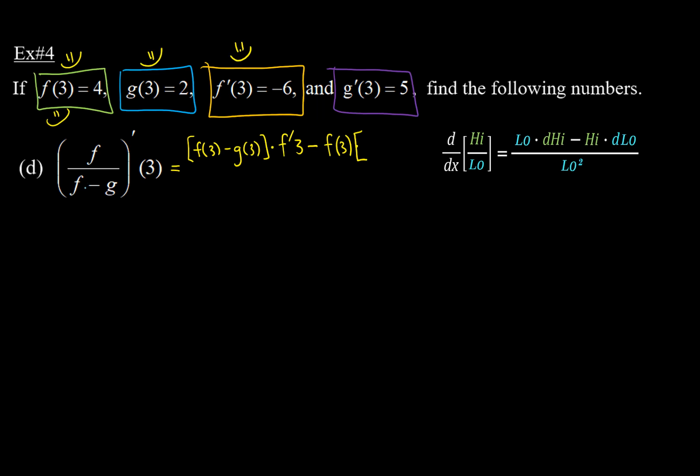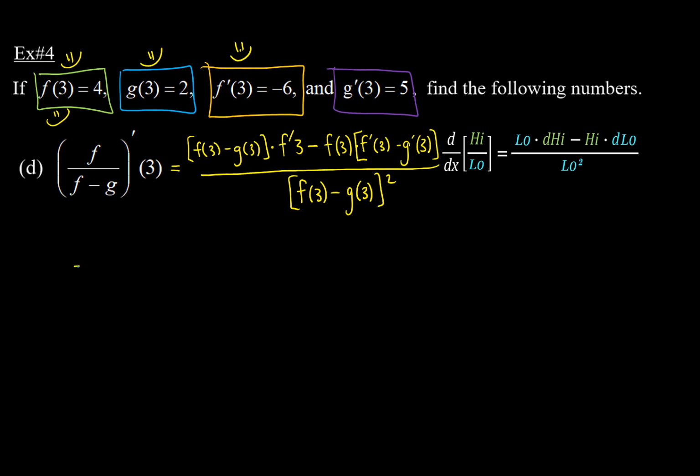Now, the derivative of a subtraction is just subtracting the derivative. So this would be f prime of 3 minus g prime of 3. All over the low squared.